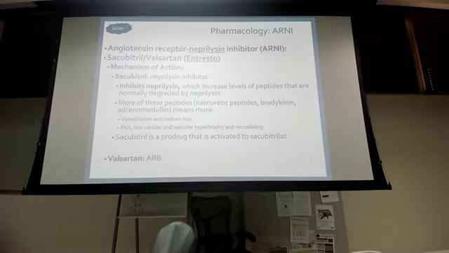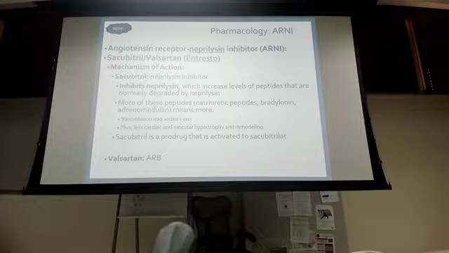All right, so this is your ARNI. Sacubitril valsartan. I talked about it at the very beginning of the lecture. Valsartan we already know. An ARB, we know what it does. And we already mentioned that ARNI, which is a combination of sacubitril and valsartan, is called Entresto.